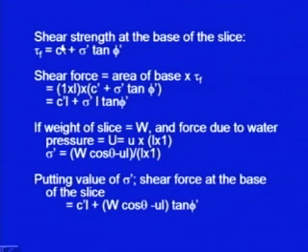So, the shear strength at the base of the slice will be tau f equal to C dash plus normal stress sigma dash into tan of phi dash. We can then find out the shear force acting at the base, which will be equal to the area of the base into tau f.